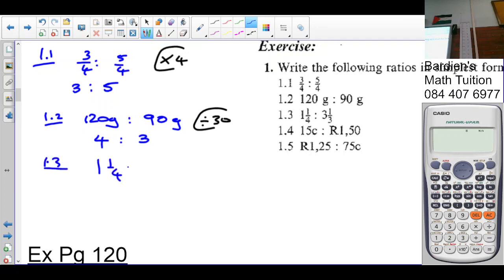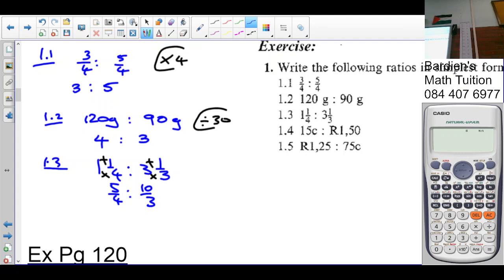Let's look at 1.3. 1 and 1 over 4 is to 3 and 1 over 3. What's the first thing we need to do here? Change it to improper fractions. This should simply be 5 over 4 is to 10 over 3. So what's my LCM here? 12.